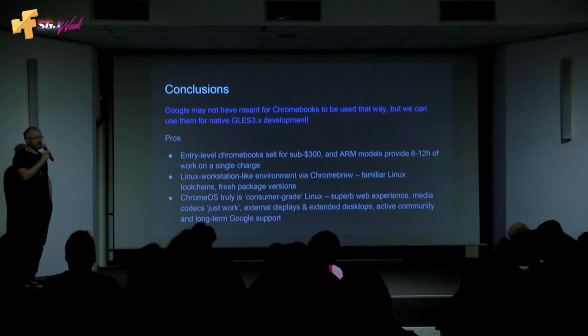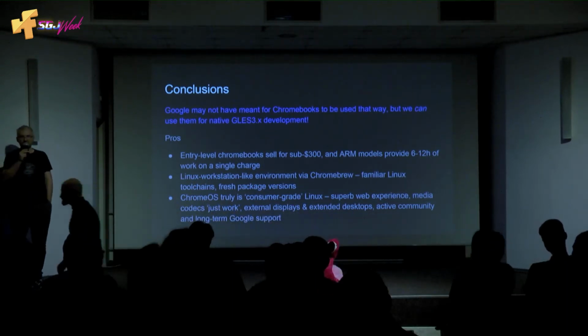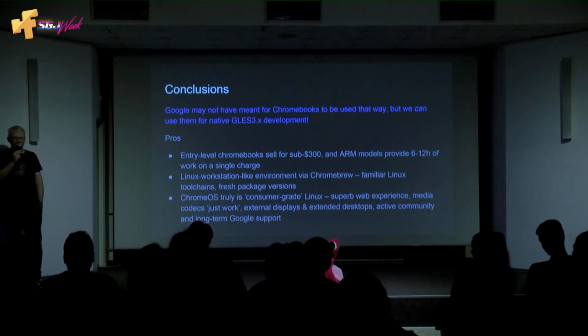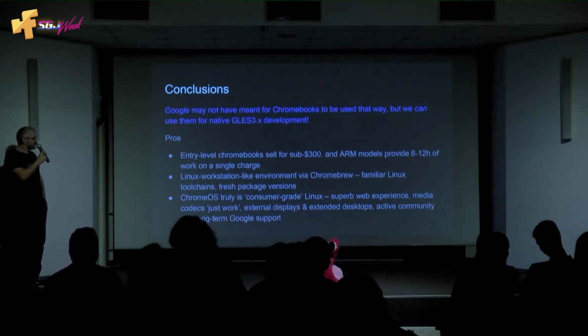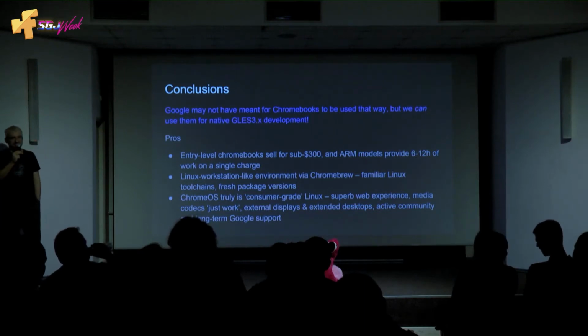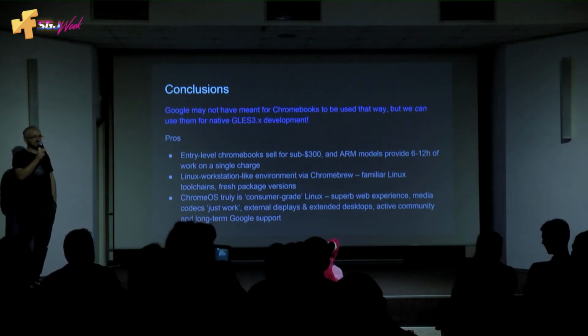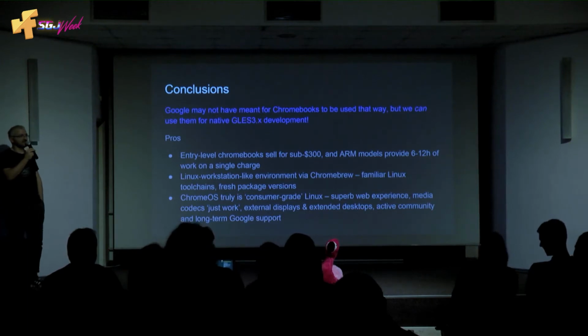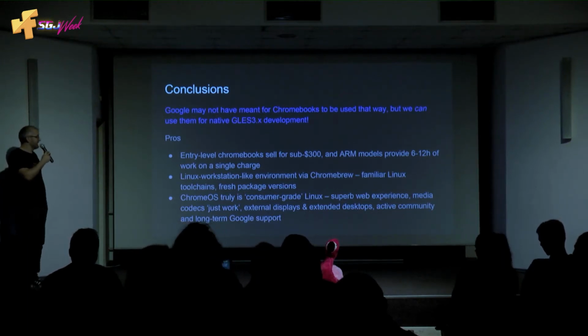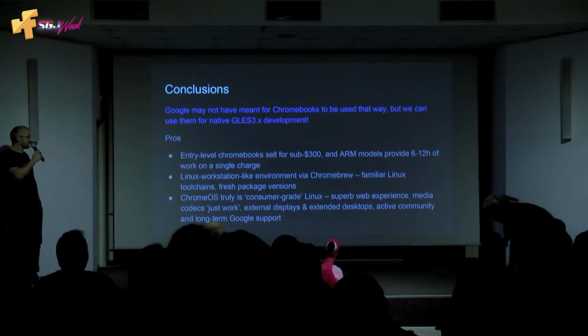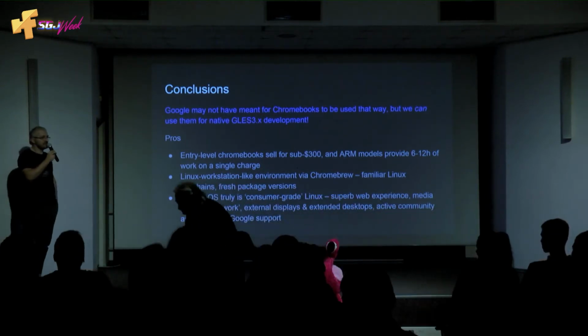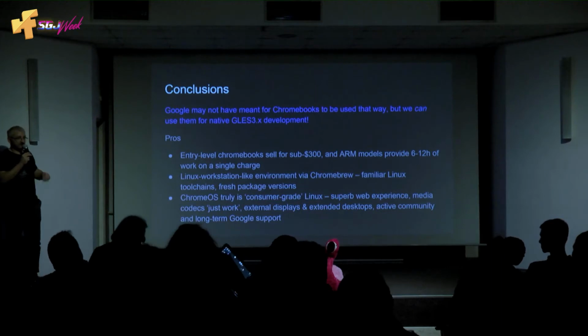Chrome Brew, on top of Chrome OS developer mode, gives you a very much Linux desktop-like environment. And Chrome OS is truly a consumer-grade Linux, not just by the words of Linus Torvalds, but by anybody's experience. It has blazing fast web, media codecs just work, external displays and extended desktops, and it has a thriving community and long-time Google support.